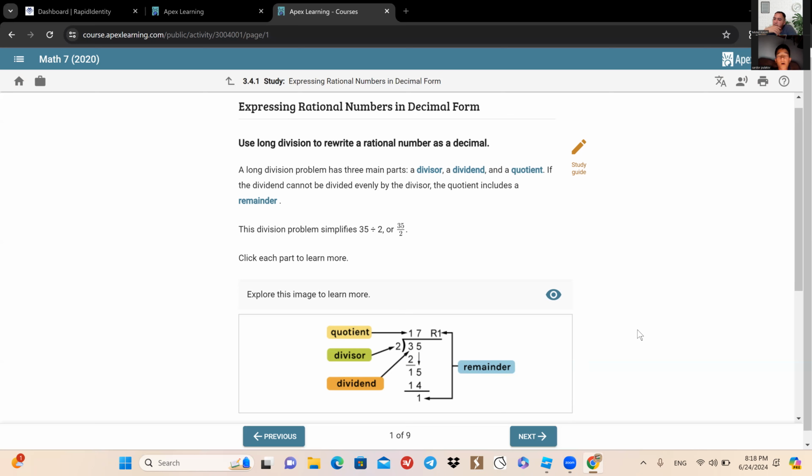And the remainder is 2? Remainder is 1. 1, right? So every time I can't just say, oh, this is 7. What is 7? 7 is the dividend. And 3 is dividing that number, that's why it's called the divisor. And the result is called the quotient, and then the remainder. Okay. Next.